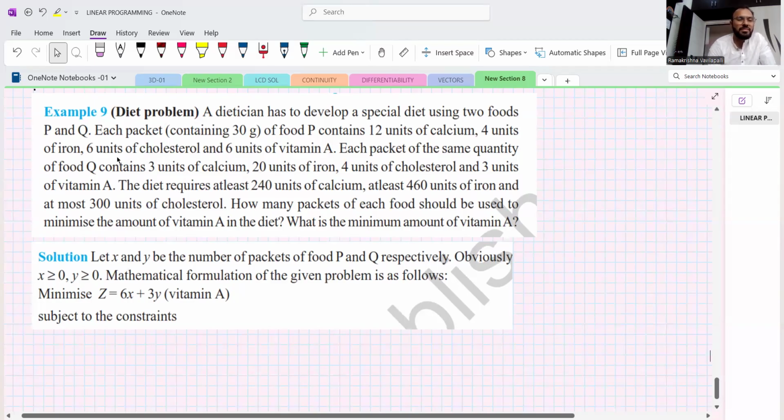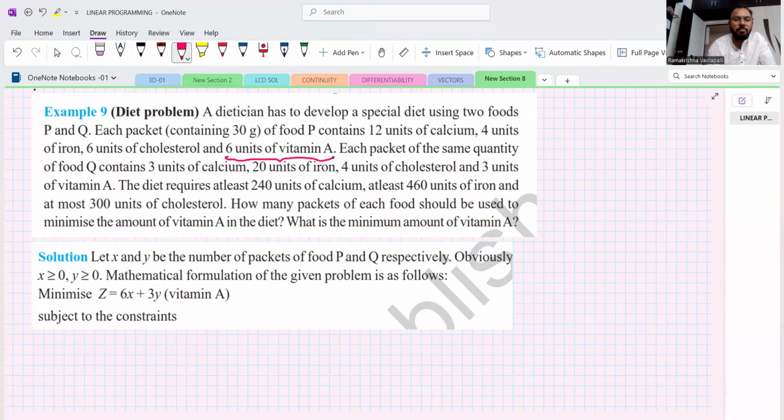There are 6 units of vitamin A in packet P and 3 units of vitamin A in packet Q. We want to minimize the vitamin A. So our objective function, based only on vitamin A, is 6x plus 3y, where x is the number of packets of food P and y is the number of packets of food Q. That has to be minimized.